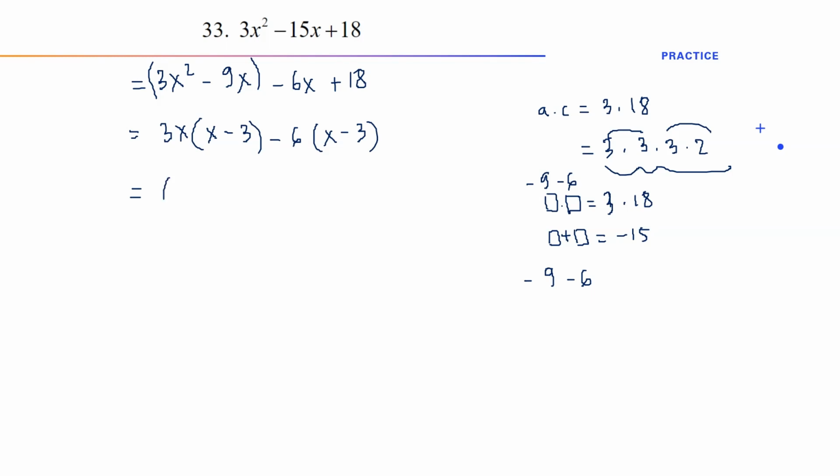And then we have x minus 3 in common. We are left with 3x minus 6. 3x minus 6, what is in common? It is 3, right? So we can take the 3 out. x minus 2 times x minus 3.